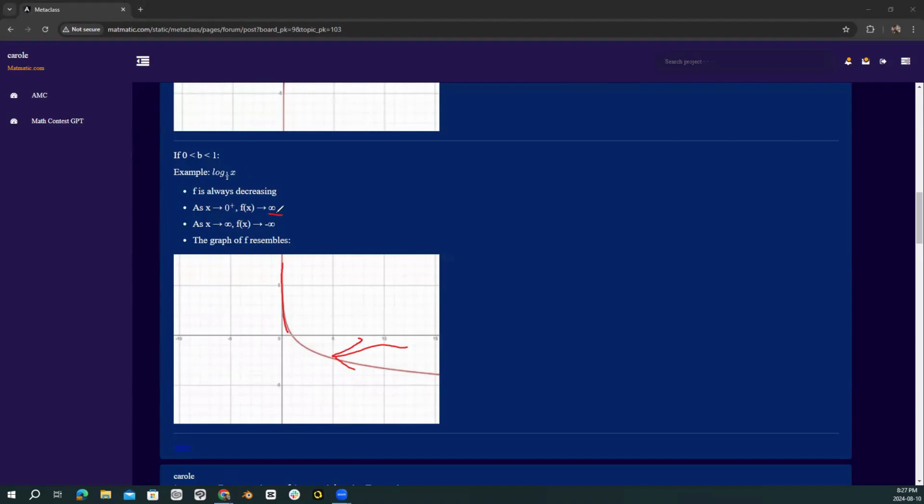It's approaching infinity, but as x approaches infinity, f is decreasing and it is approaching negative infinity. And this is what the graph of f resembles.